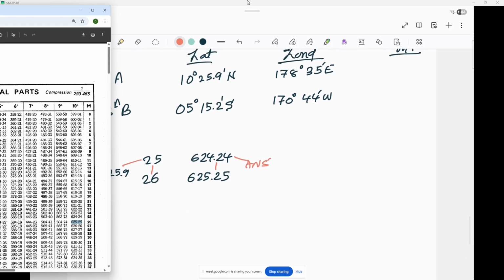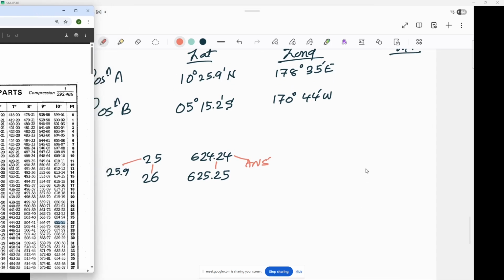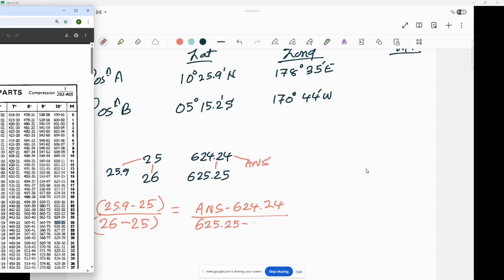It is going to be 25 decimal 9 minus 25, over 26 minus 25, equals answer minus 624 decimal 24, over 625 decimal 25 minus 624 decimal 24.